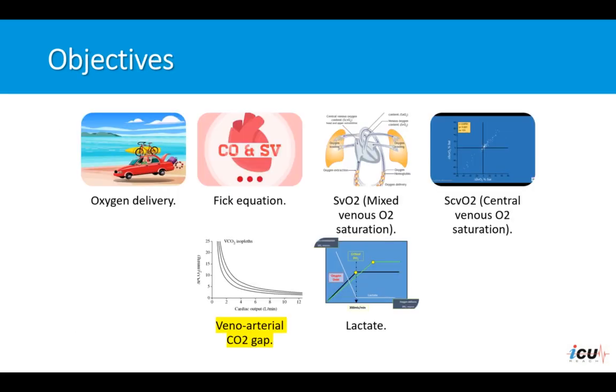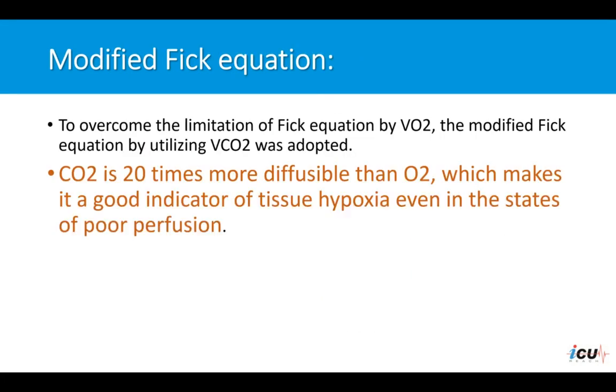So moving to the venous arterial CO2 gap, we know that CO2 is 20 times more diffusible than oxygen, which makes it a good indicator of tissue hypoxia, even in the states of poor perfusion. And this is trying to overcome the limitation of the Fick equation by the oxygen consumption.